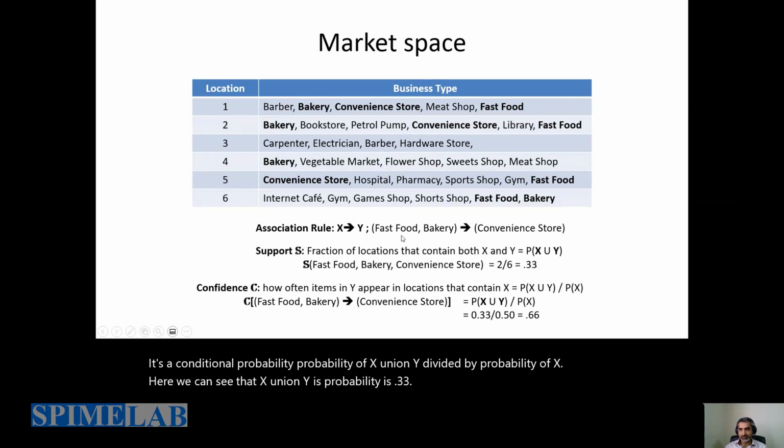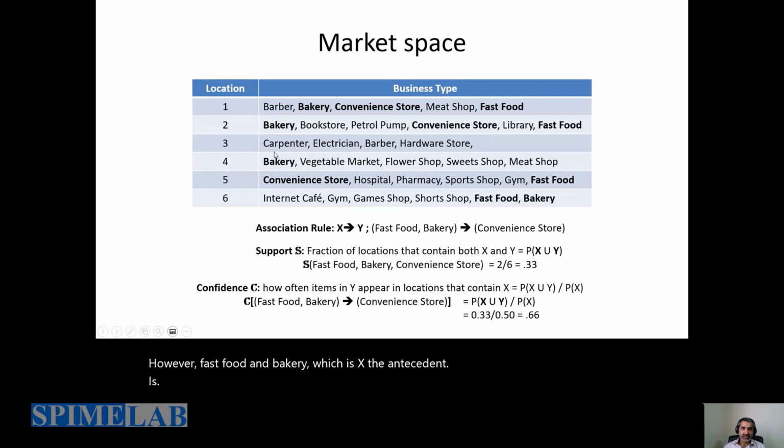However, fast food and bakery, which is X, the antecedent, is coming together at 3 locations: fast food, bakery, fast food, bakery, and fast food and bakery. So in 3 out of 6 locations, the antecedent X is co-occurring.